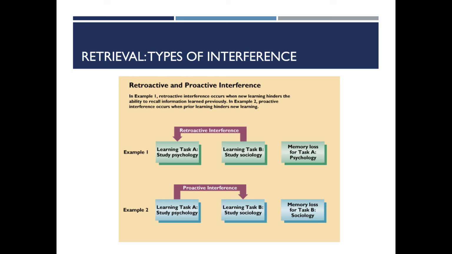Now, in this case, they're showing two things that are very similar, psychology and sociology. So if you study for a psychology test and then you study for your sociology test afterwards, what you learned about sociology might go back and interfere with what you learned about psychology.